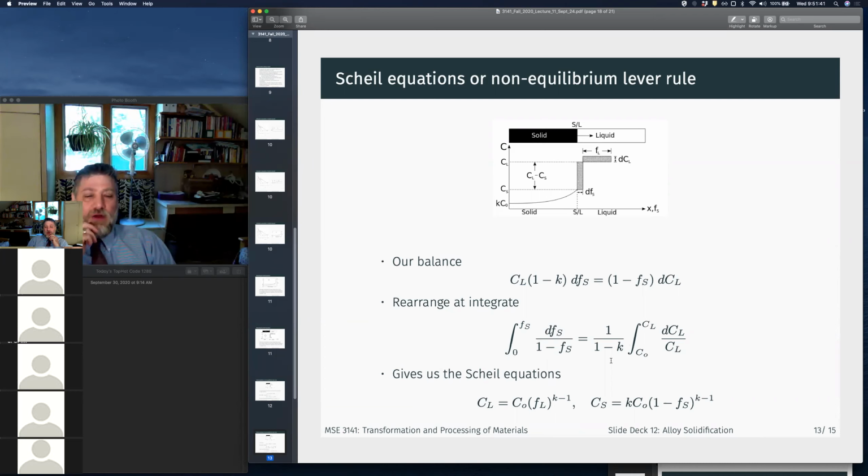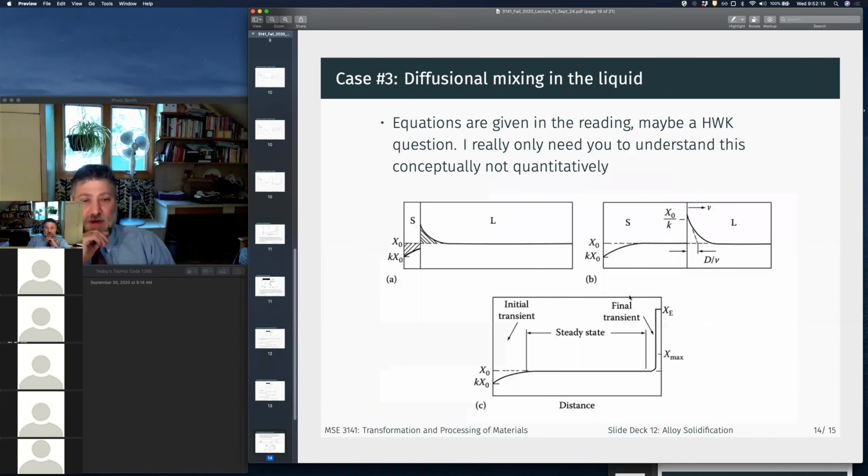When we do this, this gives us our Scheil equations, which basically say that the composition of the liquid is equal to our average alloy composition times the fraction of our liquid that's not frozen raised to the partition coefficient minus 1 power. And the same thing, we get an expression that gives us the composition of the solid.